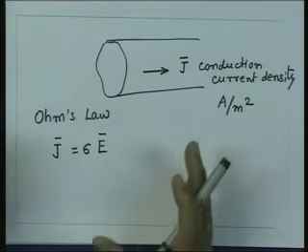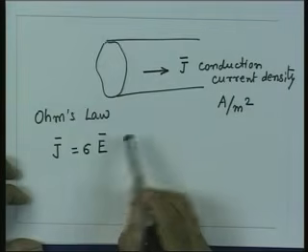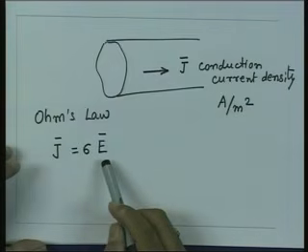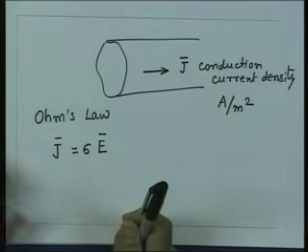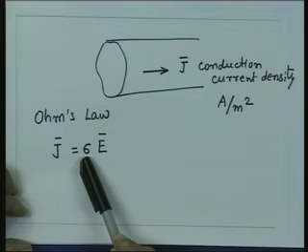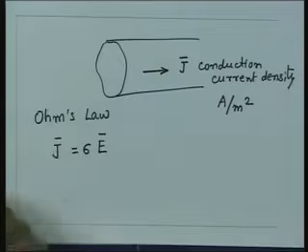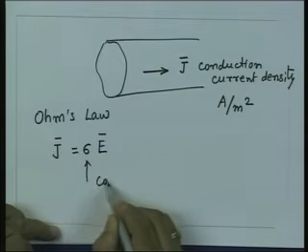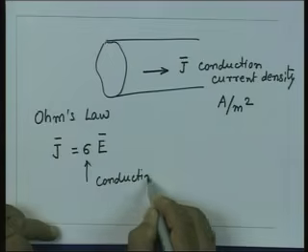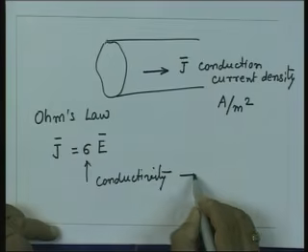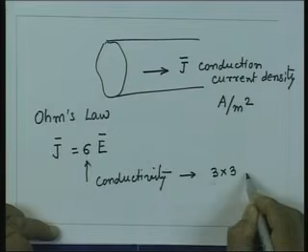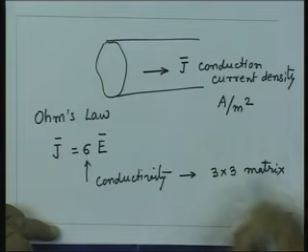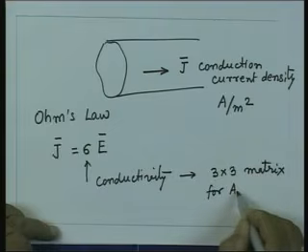If you take an isotropic medium, then the quantities mu r and sigma are scalar quantities, whereas if the medium is anisotropic, that means if the properties of the medium depend on the direction, then in general mu r will be a 3x3 matrix, and the conductivity sigma will be a 3x3 matrix.